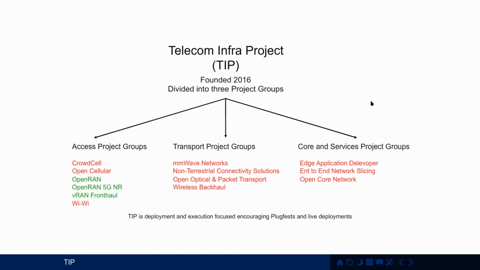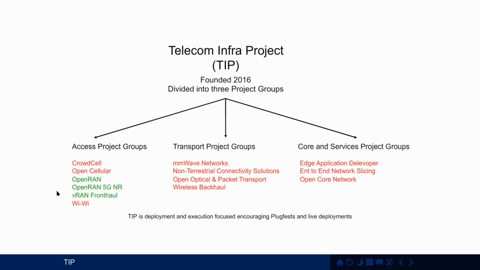Now, as well as 3GPP, another organization that's involved in ORAN is the Telecom Infra Project, TIP. Their focus is really on deployment and the execution of the ORAN. They were founded in 2016. They're divided into 3 project groups, but the project group of interest is the Access Project Group.